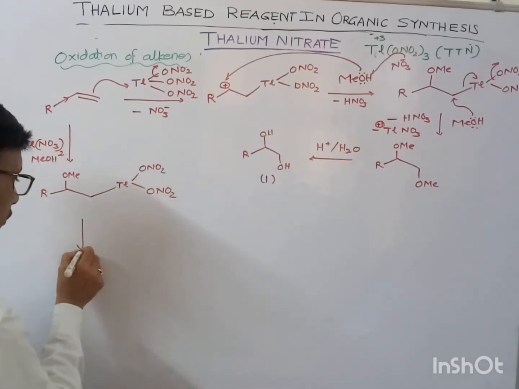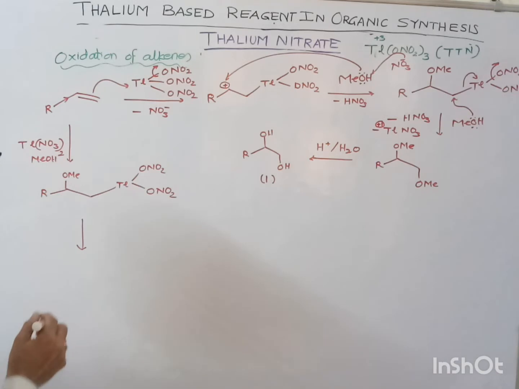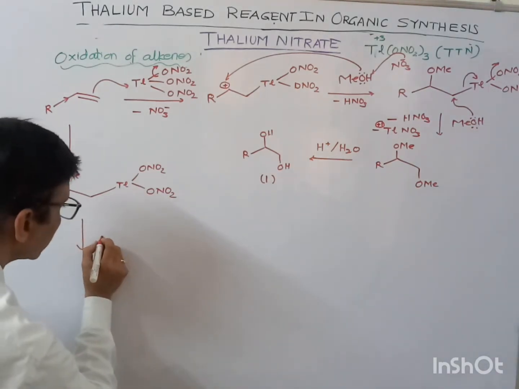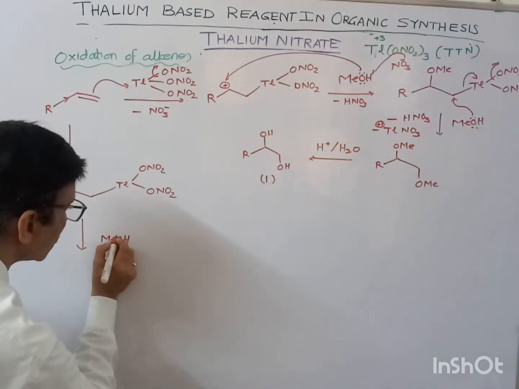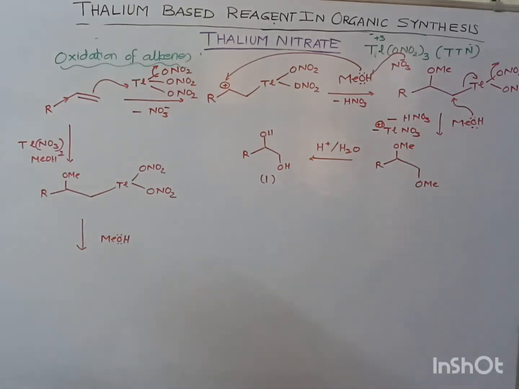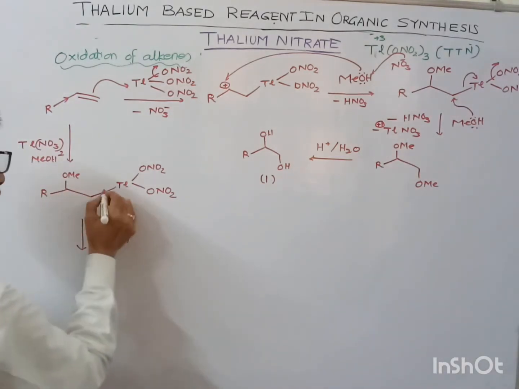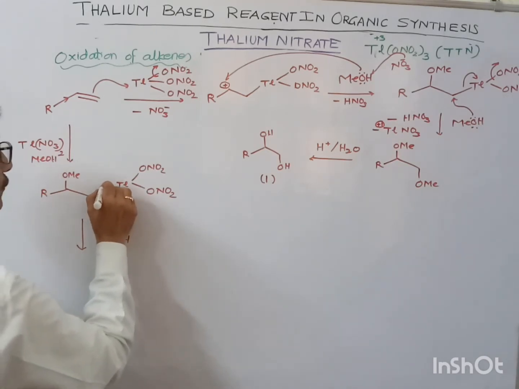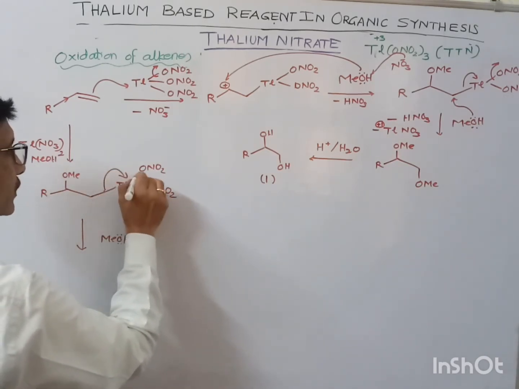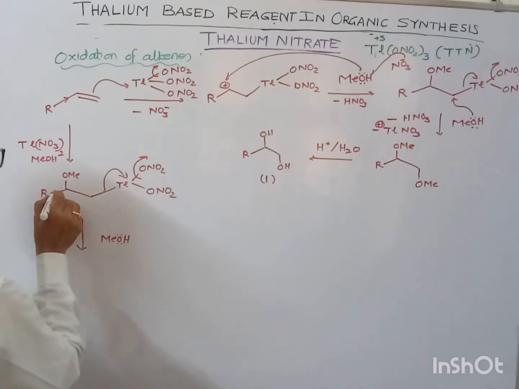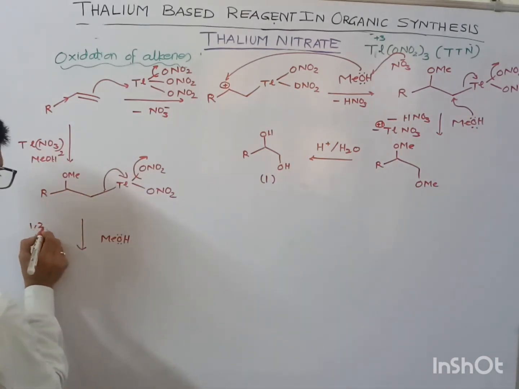Now, in the next step, what may happen? Suppose we have another molecule of methanol. Then in another step, this bond will get broken, and here a 1,2 alkyl shift may also occur.